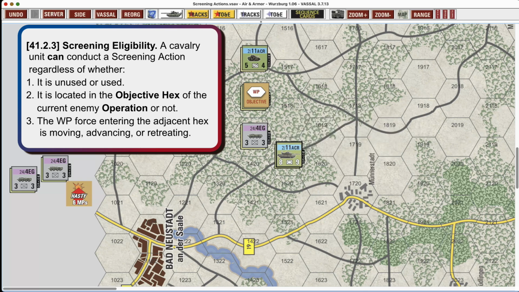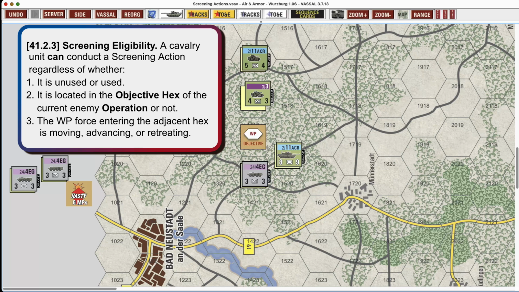It can conduct a screening action whether the Warsaw Pact unit is entering an adjacent hex as a result of movement, advance after combat, or in fact entering the hex as a result of a retreat from an enemy action.